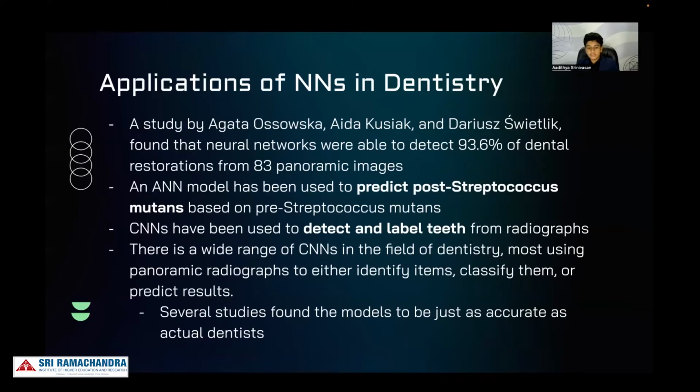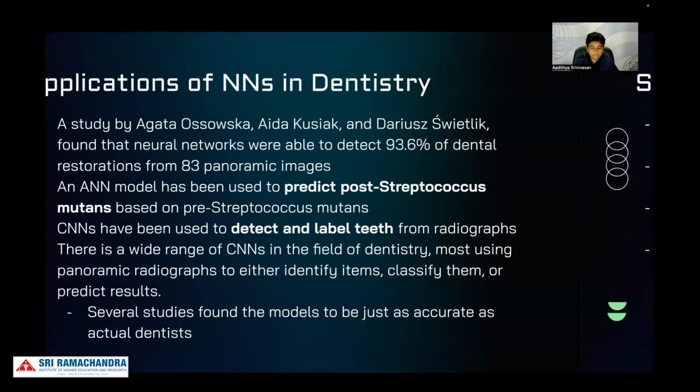In addition to that, CNNs, convolutional neural networks, which use image data, have been used to detect and label teeth from radiographs. While there's a wide range of CNNs in the field of dentistry, most use panoramic radiographs to either identify, classify, or predict. And several studies found that models could be just as accurate as actual dentists.